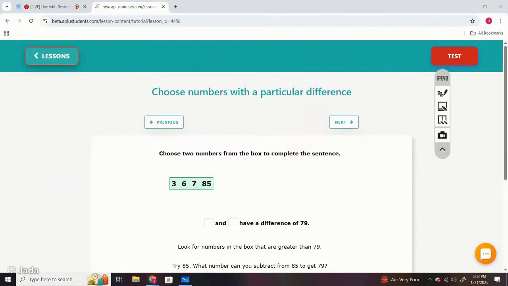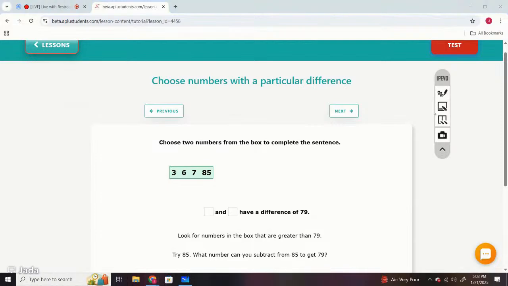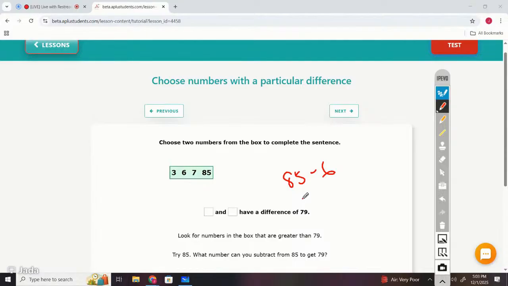So let's look at the other number, that is 85 minus 6: 84, 83, 82, 81, 80, and 79. So the correct option is 85 minus 6. 85 minus 6 are the numbers that when subtracted make 79, right?